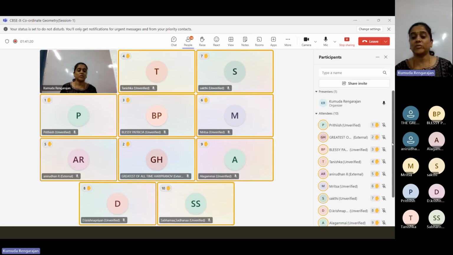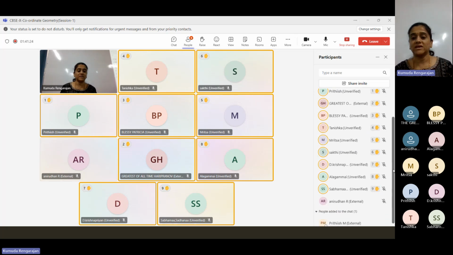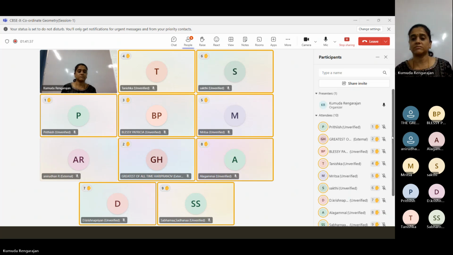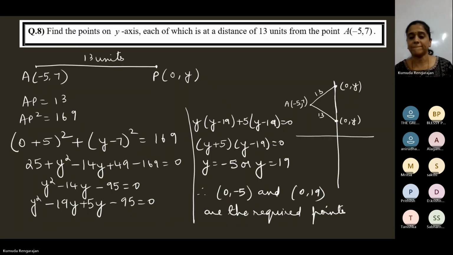Yeah. So we have Pratish, Hariprana, Blessy, Tanishka, Ritsa, Shakti, Krishnapriyan, Aragamai, Sabarna, Sadhana, Aniruddhan. Okay. Any questions?